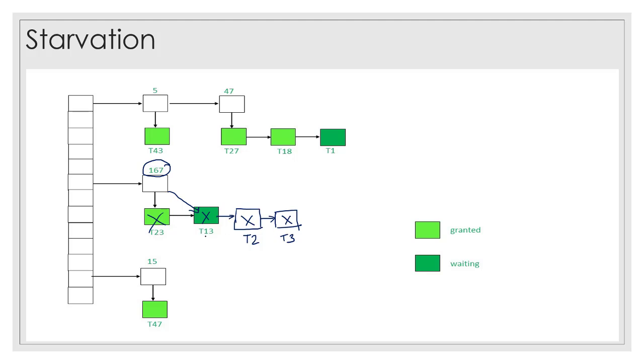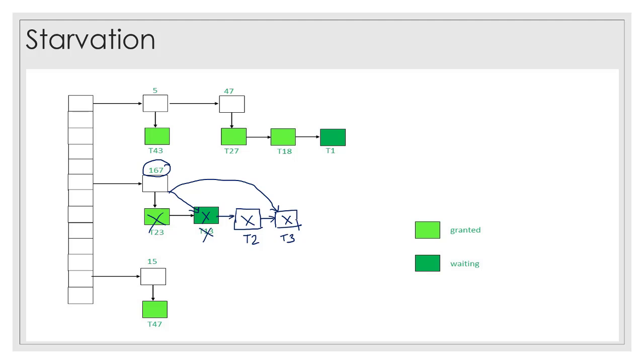After T13 unlocks that data item, the concurrency controller, instead of giving permission to transaction T2, grants the lock to transaction T3. So transaction T2 will have to wait until transaction T3 completes its job.